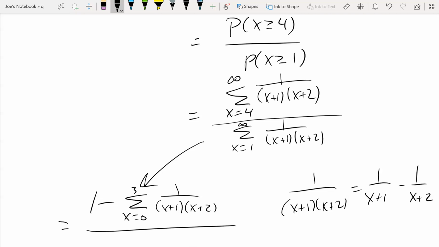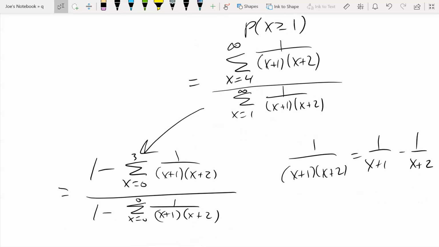And then how can I rewrite the denominator? 1 minus the sum from 0 to 0, right? It would just be that one term.